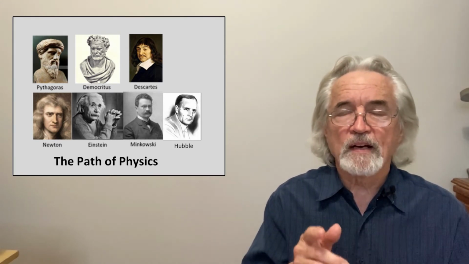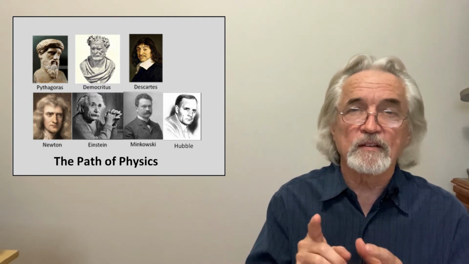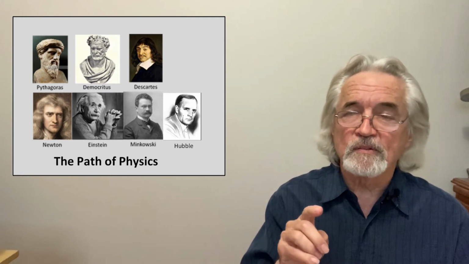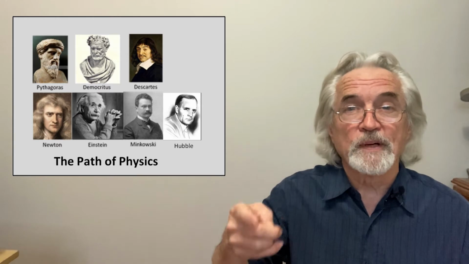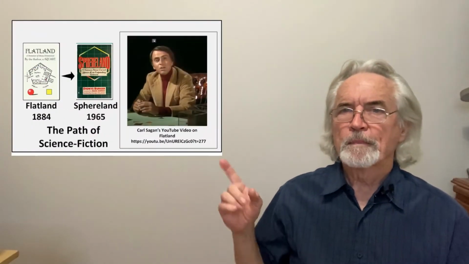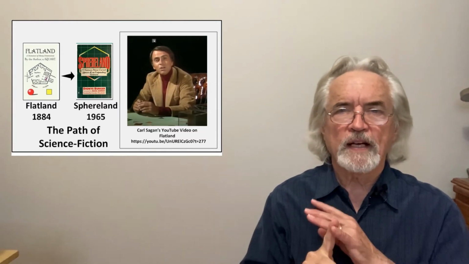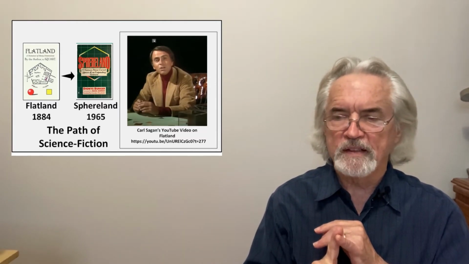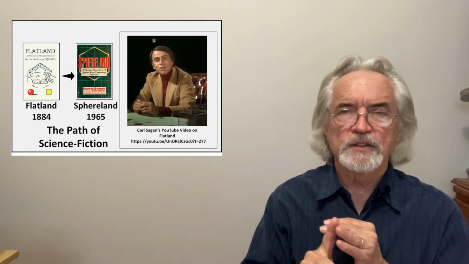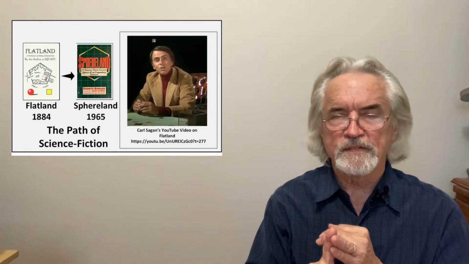Now I want to take a look at another path, and it is the one that is really the renewal path that this work follows. So up here you see the two books, Flatland, which was written in 1884, and Sphereland, which is in 1965.